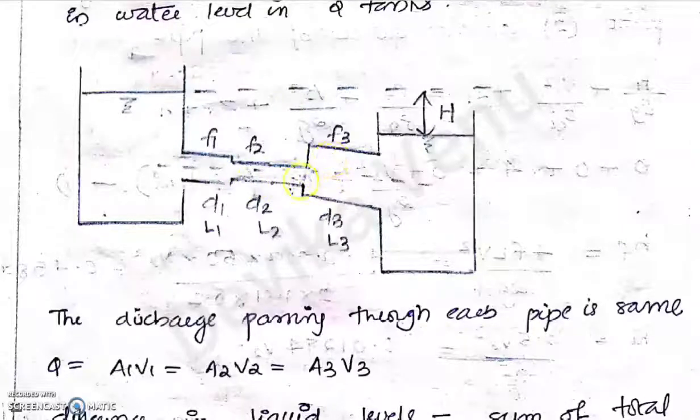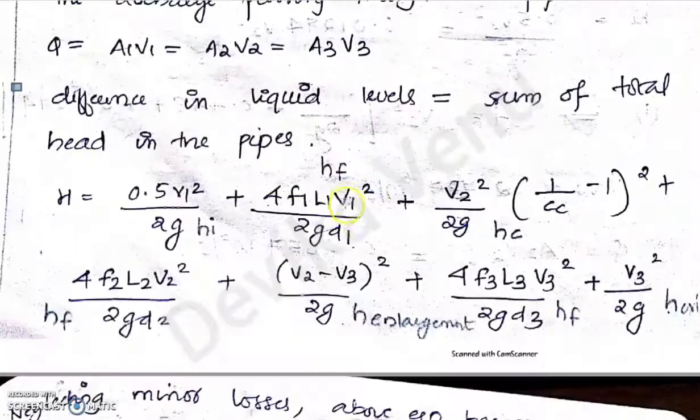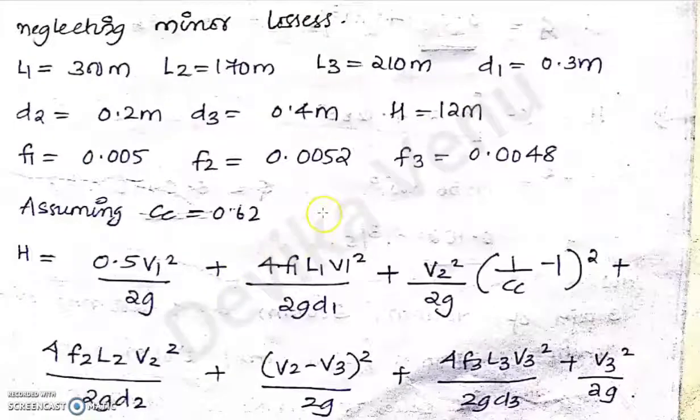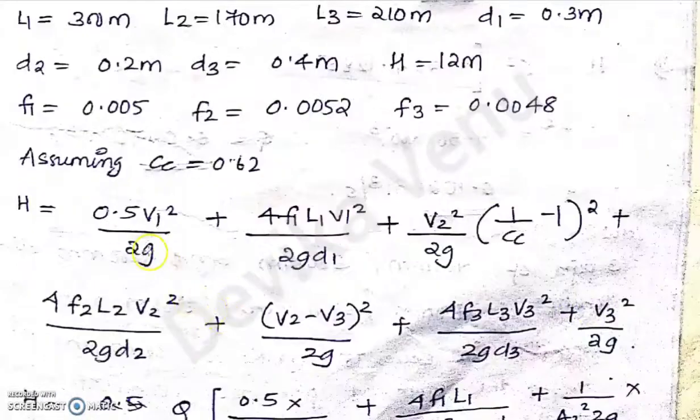Then expanding, so the head loss due to enlargement should be given. Then again head loss due to friction, then there is an exit, so that also should be considered. So here you can see all the things I have considered and I have written the equation.